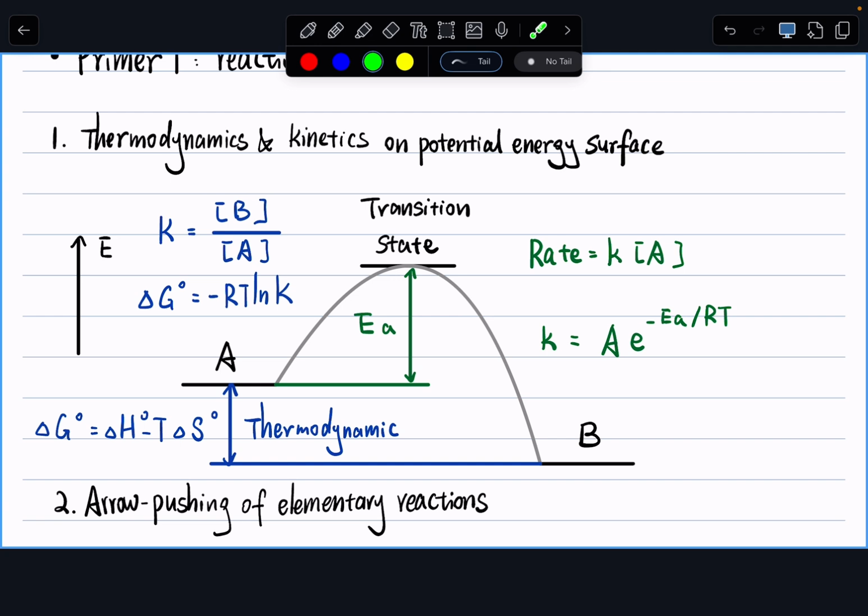If we think about the process of this rearrangement, what are we having? Again, we have energy as my y-axis, and in this case my starting material is my secondary carbocation, and I can potentially form this unstable primary carbocation that is uphill. Or we can have a correct carbocation rearrangement.